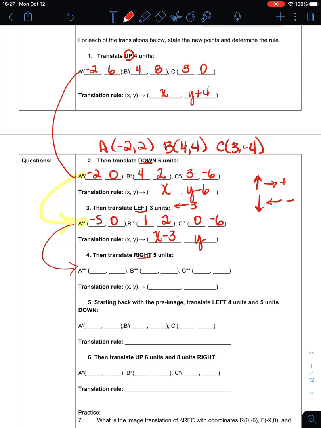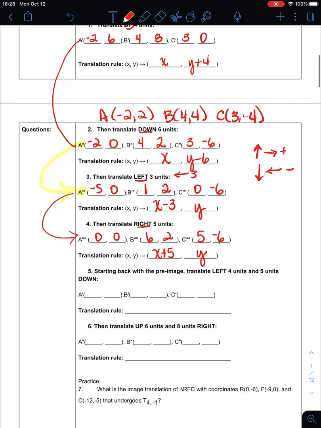So -5 to the right 5 would be 5... I mean, 0. So now I'm at 0, 0. From 1 to the right 5 would be at 6, 2. And from 0 to the right 5 would be at 5, -6. So that rule would be x plus 5 change in the x direction, and there was no change in the y direction.